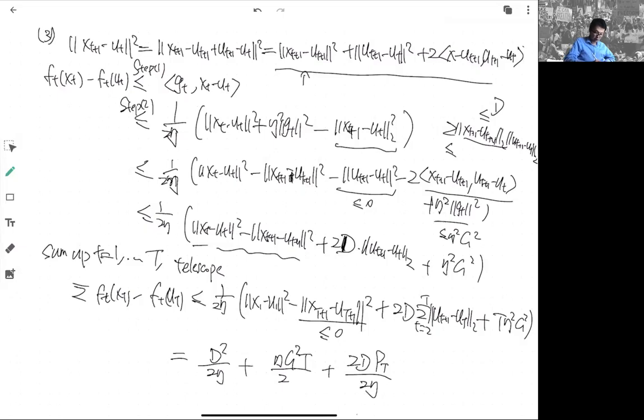If we know the path length ahead of time, then we choose eta to be (D squared plus D P_T) over the square root of T g. Okay, and then you can show that this is proportional to, actually thanks to the 1 over 2 factor, we don't need to write the big O, g times the square root of T times (D squared plus D P_T). And that's it.